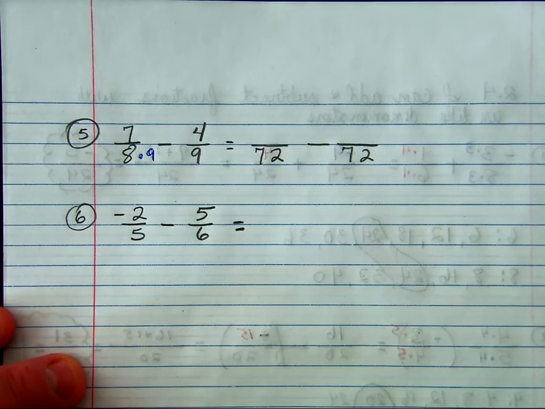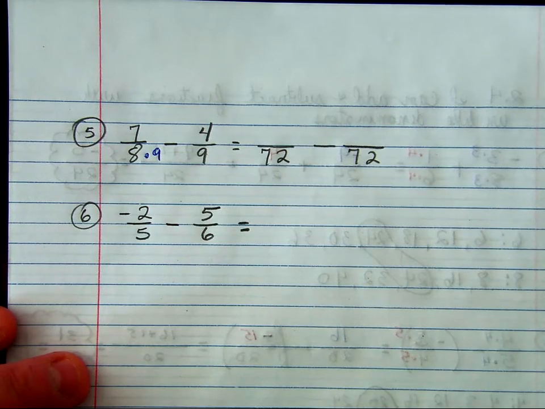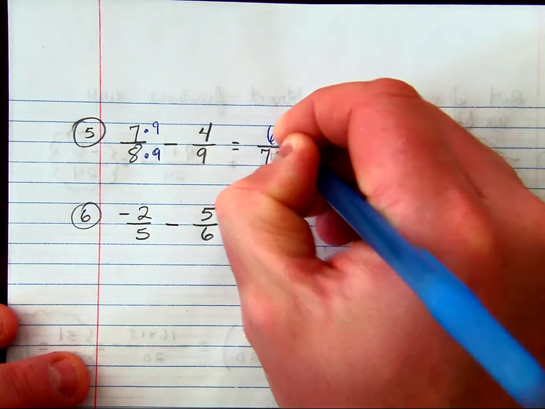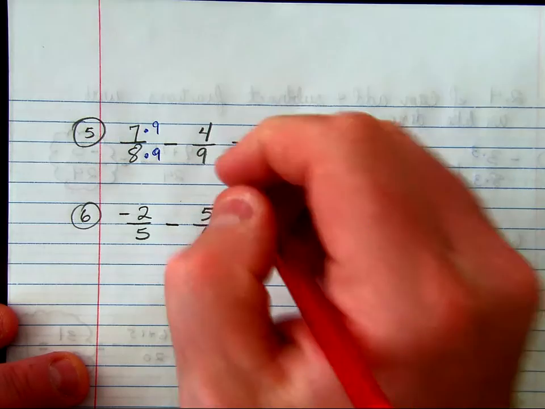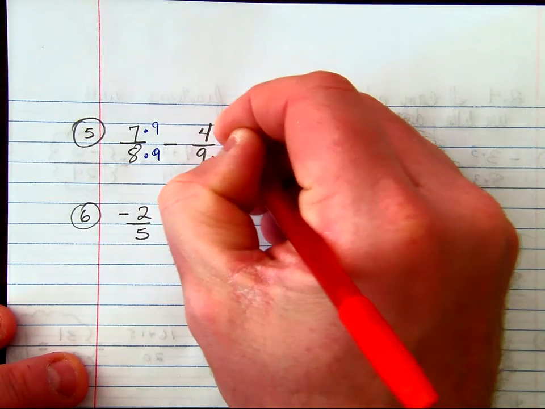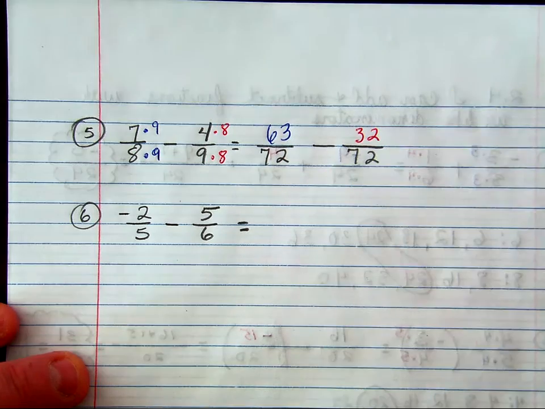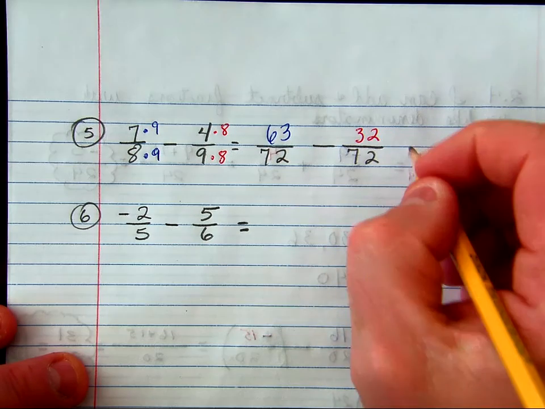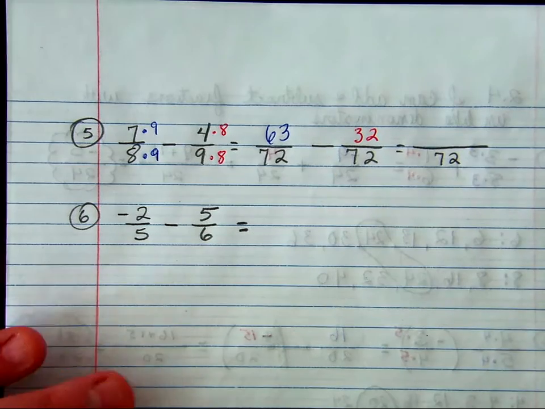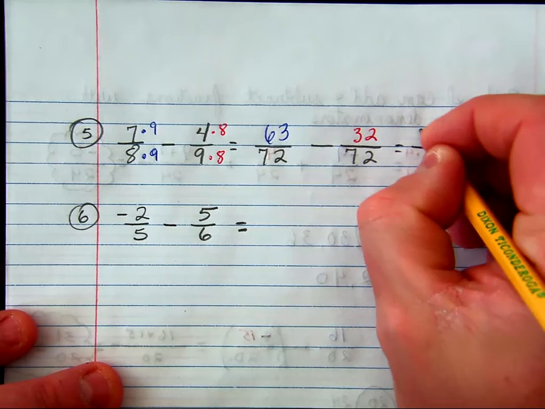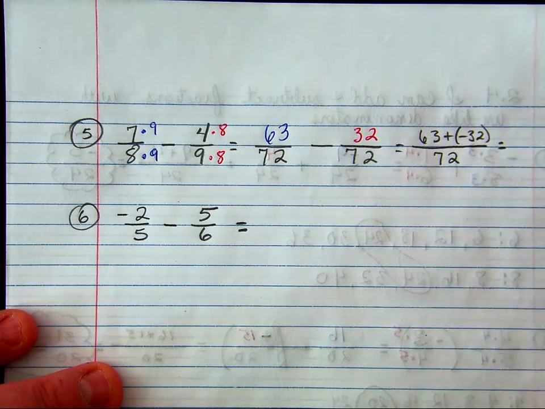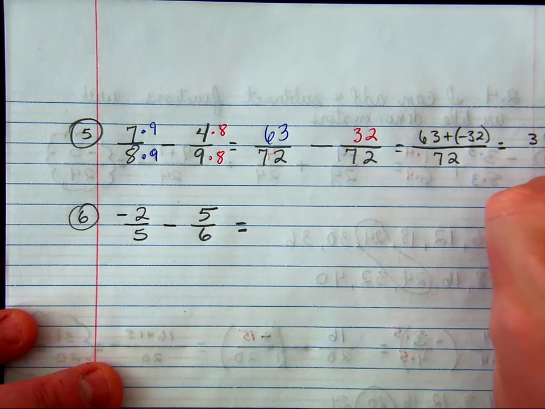So because we did 8 times 9, we have to do 7 times 9. We did 9 times 8. So now we have to do 4 times 8. And our answer is 31/72.